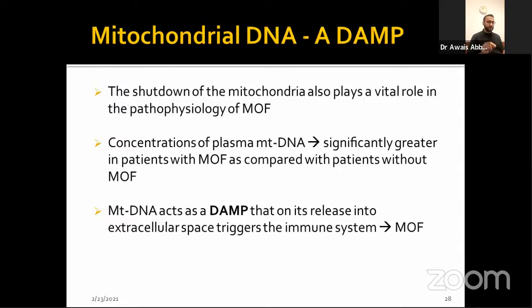It has been seen over the trials that the concentration of plasma mitochondrial DNA is significantly greater in patients with multi-organ failure as compared to patients without multi-organ failure. Mitochondrial DNA acts as a DAMP that, on its release into the extracellular space, triggers the immune system, and that leads the patient towards multi-organ failure.